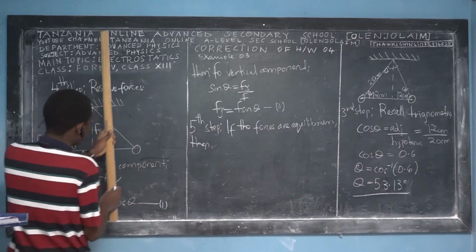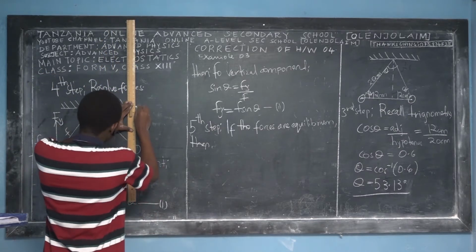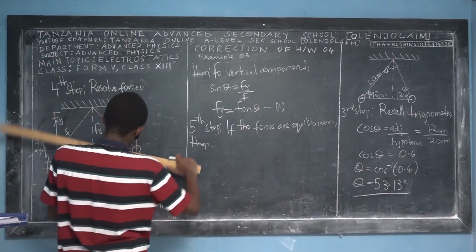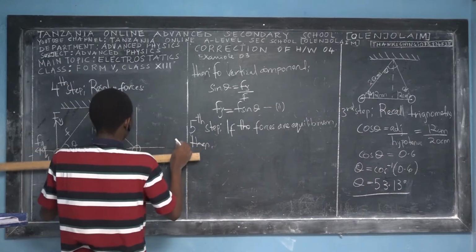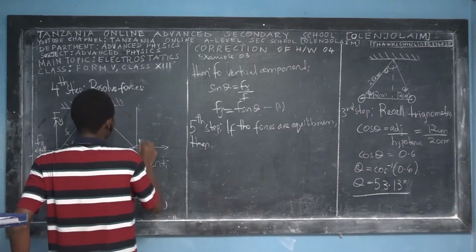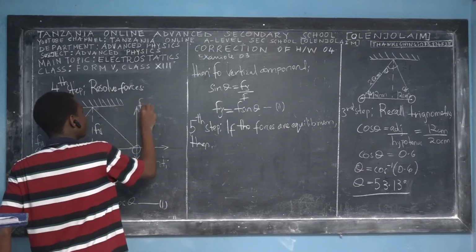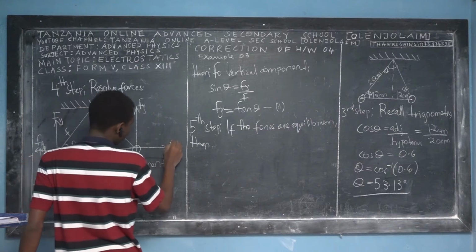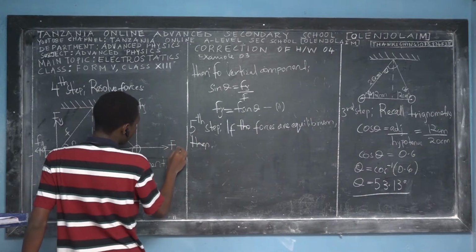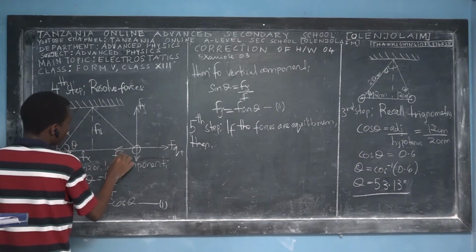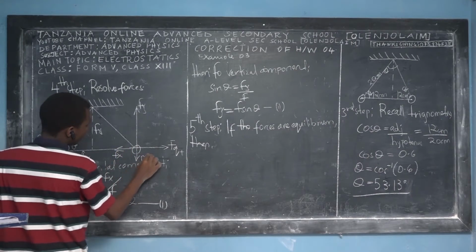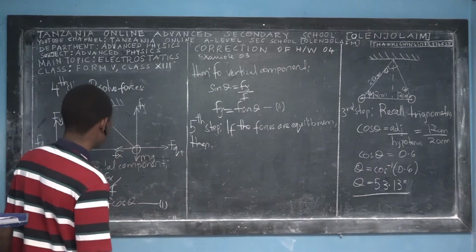going in this direction. Also, charge 2, because we are told to find the charge on each sphere, this one is the vertical component, this one is the electrostatic force on charge 2, and this is the horizontal component. Same applied, this is the weight of the charge.